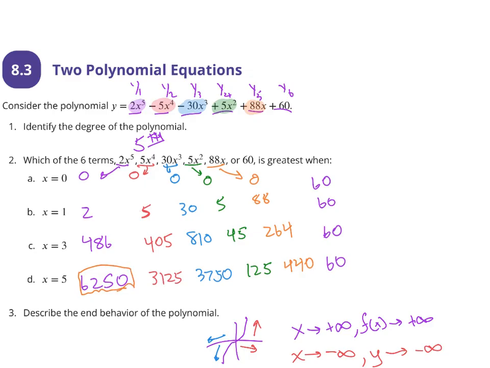Yeah, you have some variation in lesser numbers, but we're thinking as x gets far away from 0, and at 5, the x to the 5th term is already outdistanced itself by almost 2 compared to 30x cubed. So this is the point. As x gets further and further away, y climbs very quickly.